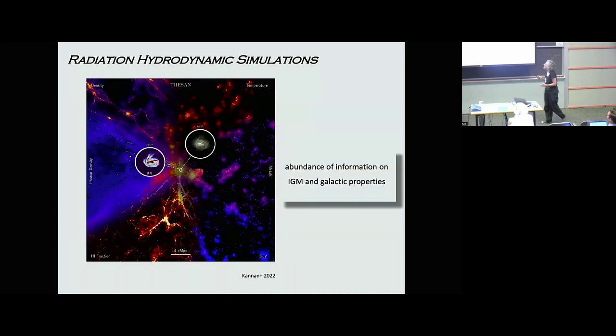So, as I was saying, these simulations really include in a self-consistent way a lot of physical processes, and so they also give you an abundance of information on the properties of the IGM and on galaxies, as it's nicely summarized by this figure from the THESAN collaboration.